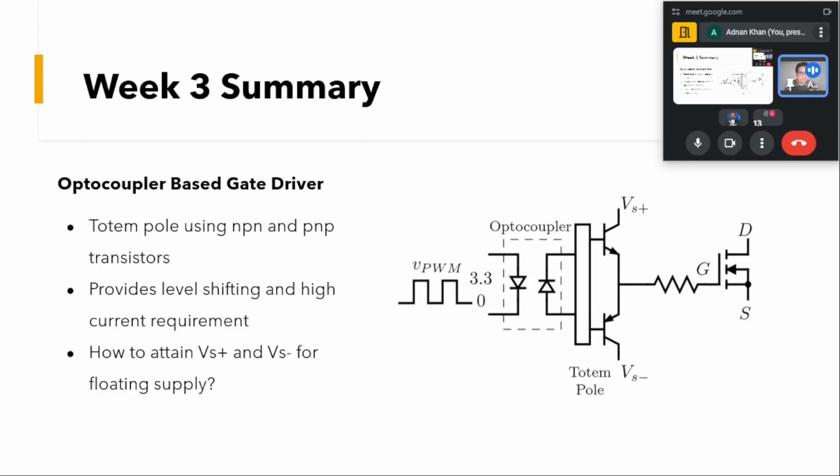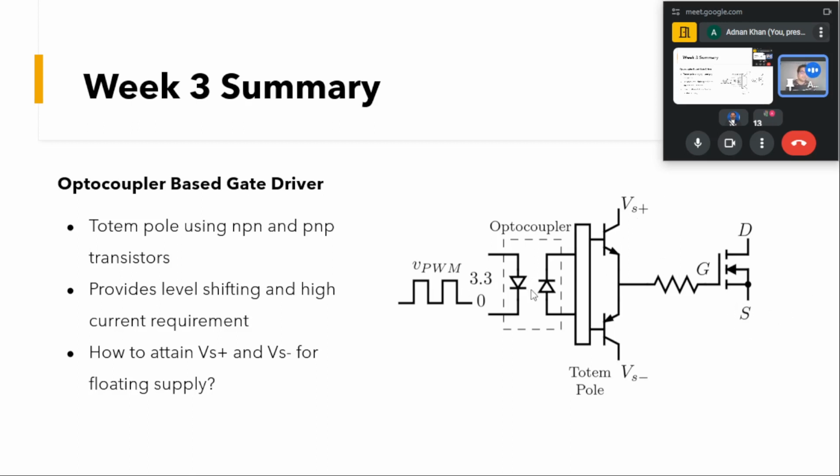So what will happen at that time, if this top device is turned on, this VS voltage will come across this VG gate, and usually this voltage is provided with respect to this source. So we will have this VS voltage, and here we can have this appropriate VS positive. Let us say we want 15 volts, so this VS positive will be 15 volts, and that will be with respect to this source.